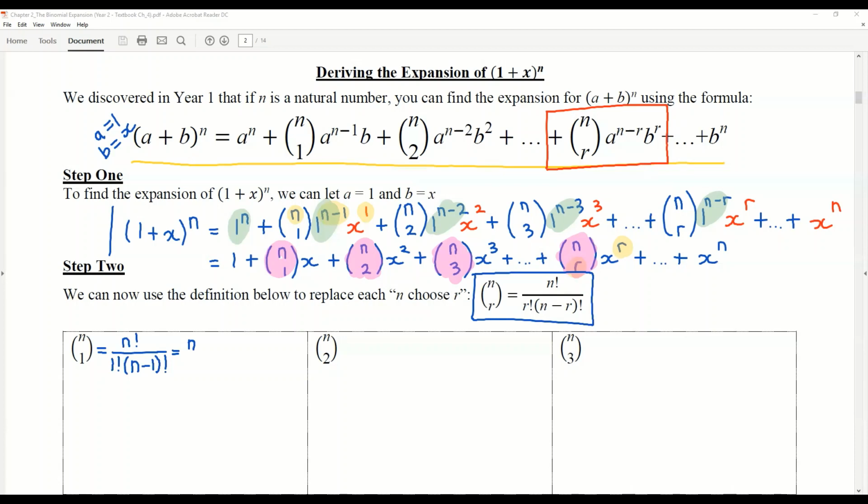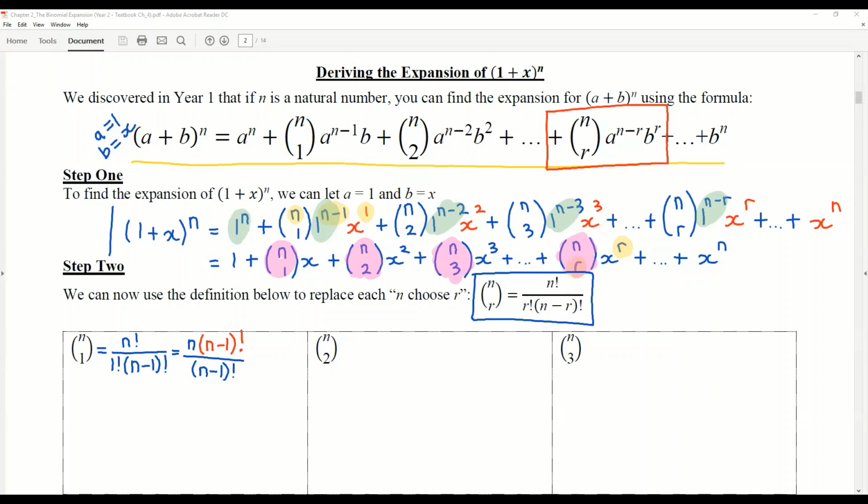So without going through all that working out that we did in the warm-up, again, I hope you're convinced now that this is going to be n multiplied by n subtract 1 factorial in the numerator. That's the same as n factorial, okay? And then in the denominator, we also have n subtract 1 factorial, because the 1 factorial is, of course, just 1.